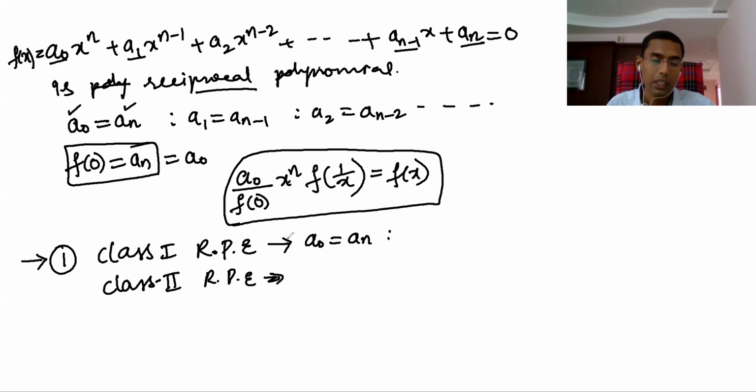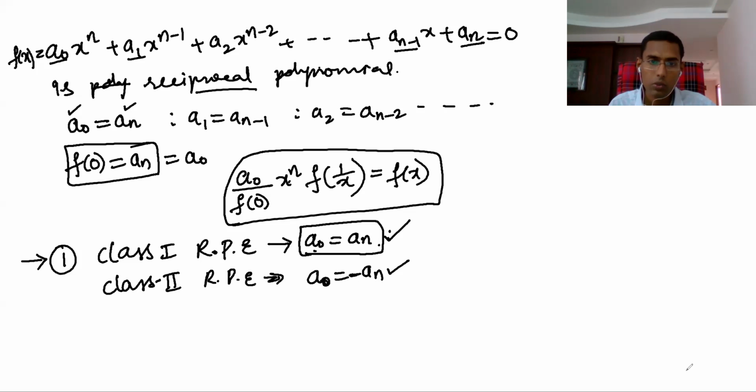If a naught equal to an, then this is a reciprocal equation of class 1. If a naught equal to minus an, then it is called a reciprocal equation of class 2. Better you understand it this way. Very simple to understand.